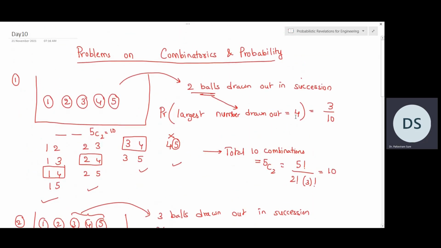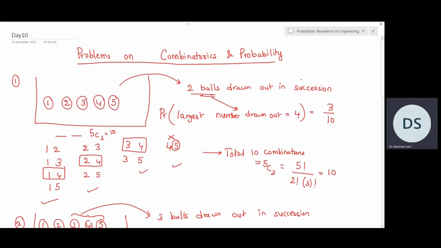Same way if we go back here. So again (m minus 1) C (k minus 1). So here 2 is k and m stands for 4. So m minus 1 is 3, C, k minus 1 is 1. So 3C1. So this is again 3 factorial by 1 factorial into 2 factorial, which gives again 3.